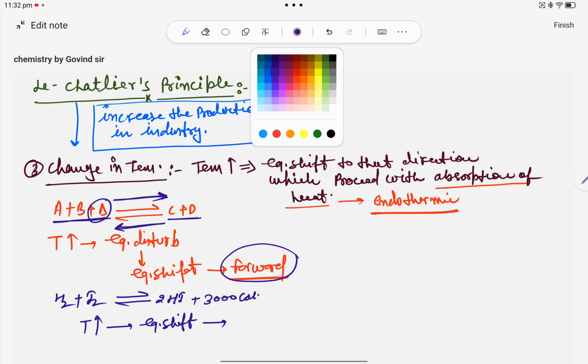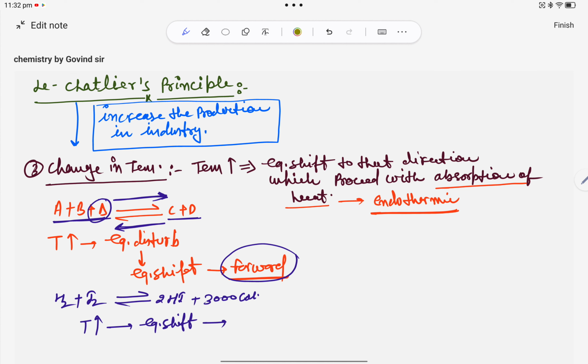Check it here. Which is endothermic? Here energy is released in the forward direction. But in the backward direction, when HI dissociates into H2 and I2, that time this much energy is required. So the equilibrium shifts in which direction? Backward direction. Hope it is clear to you.